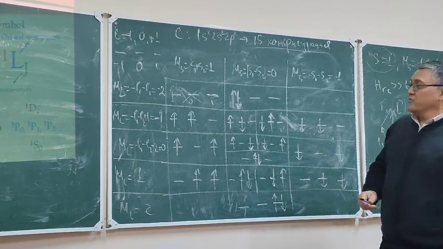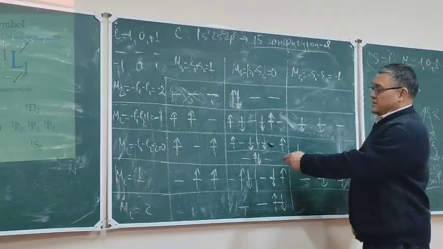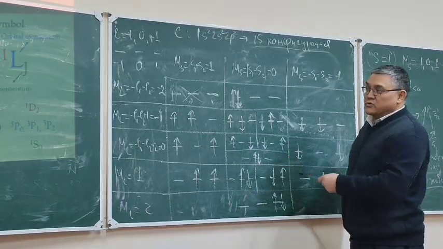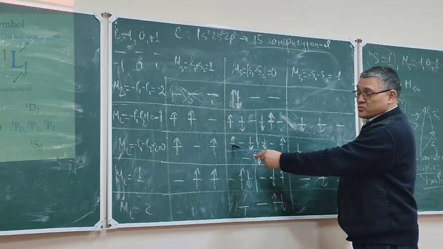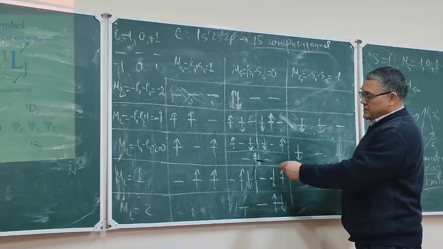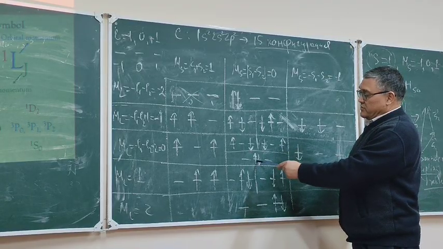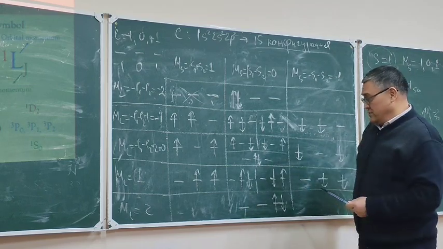Now for the case of ML equal to 0 and MS equal to 0, we have this orientation here. All three cases will correspond to ML equal to 0, because here we have -1 and here 1, so 0, and this 0, so ML equal to 0, because both values of L for these electrons are 0.